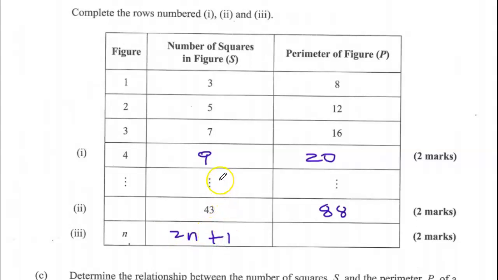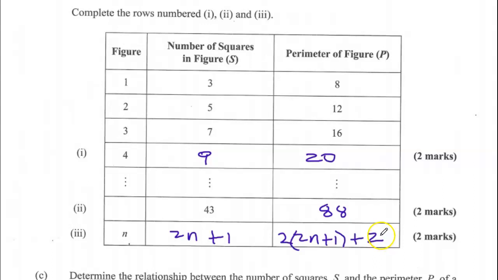And to move from number of squares to perimeter of the shape, we double 2n plus 1, and add 2.